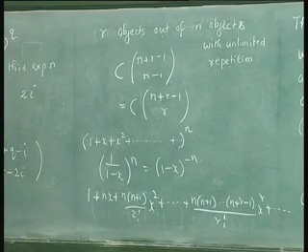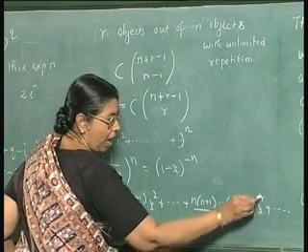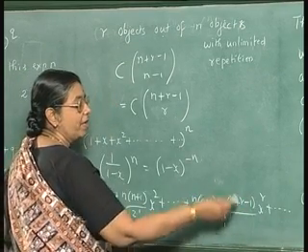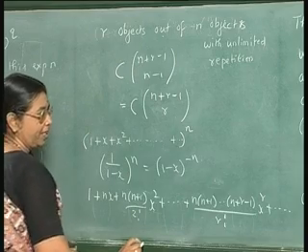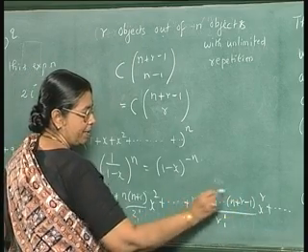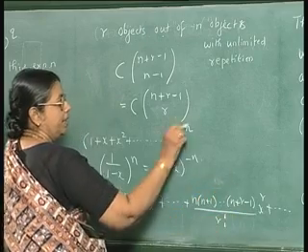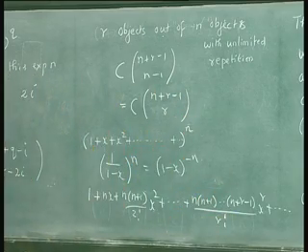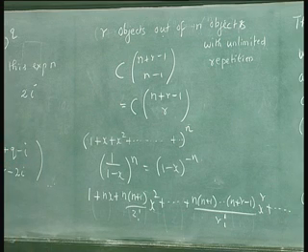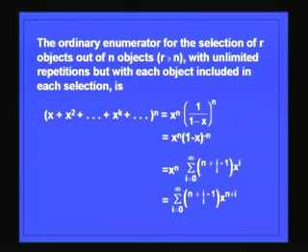Now, if you have to select each one of the n objects at least once, then what is the expression? We will consider that. The ordinary enumerator for the selection of r objects out of n objects, now r has to be greater than or equal to n, because each one of them you are selecting at least once, with unlimited repetitions, but with each object included in each selection, is given by this expression: x plus x squared plus x cubed etc. to the power of n.